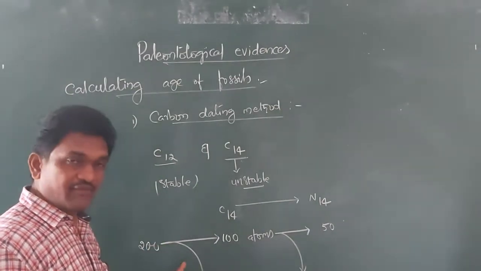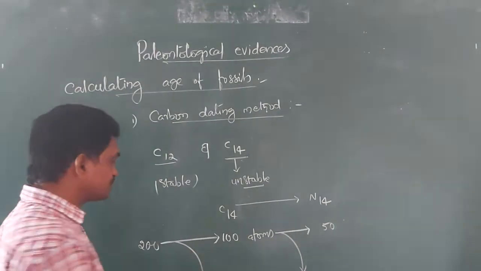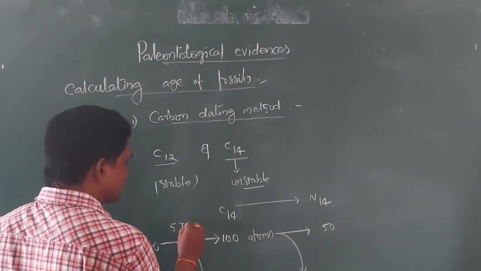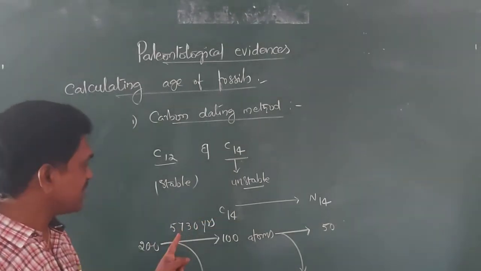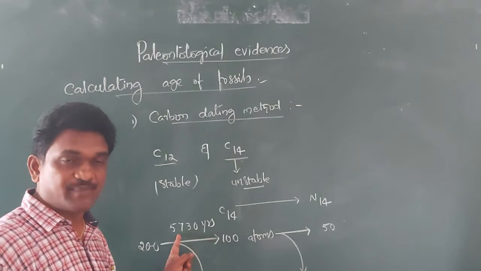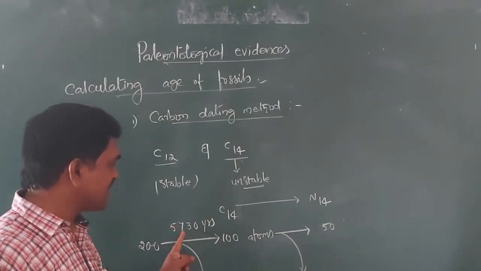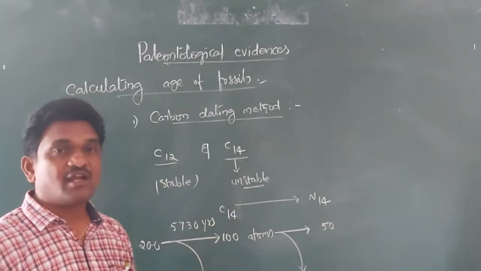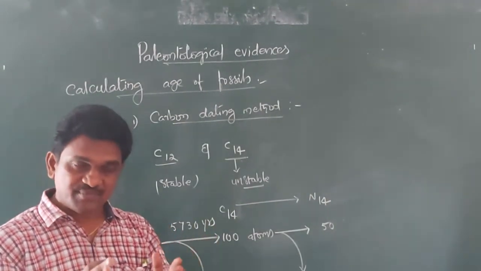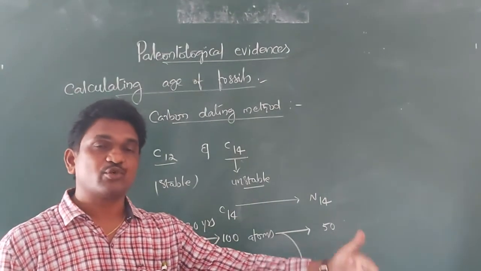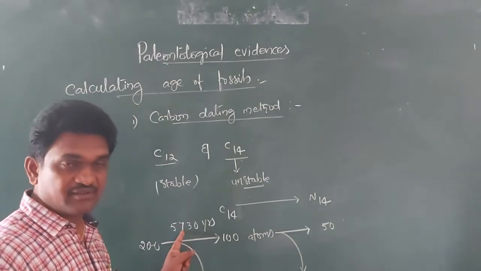For conversion of 200 carbon 14 atoms into 100 carbon atoms, 5,730 years of time is required. This is considered the half-life of carbon. What is the half-life of carbon? 5,730 years. It means for conversion of 10 atoms of carbon 14 into 5 atoms of nitrogen 14, 5,730 years is required.